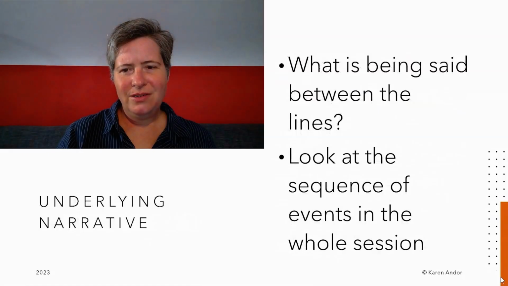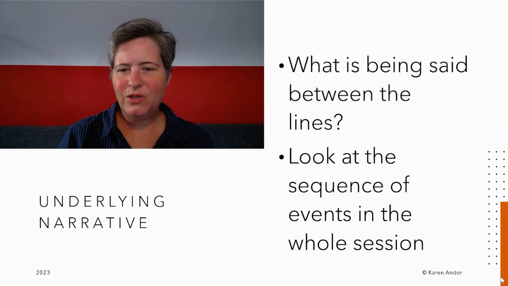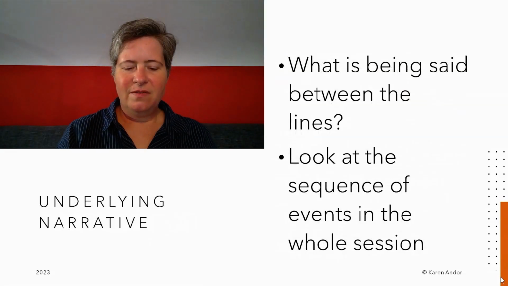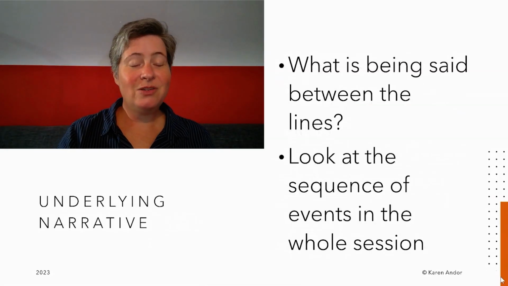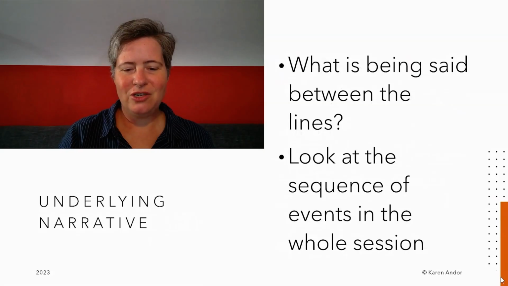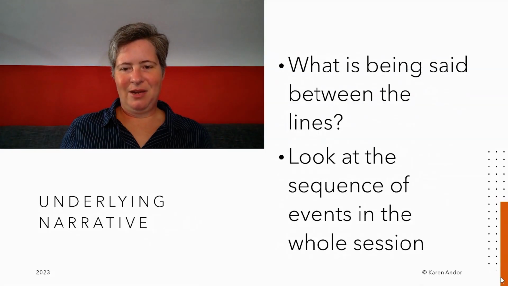And also trying to look at what the underlying narrative is, what's being said between the lines. And often if you look back, and this is quite a difficult thing to do, particularly if a child's triggering intensely in your session, is just taking time out. And we have to learn that skill.